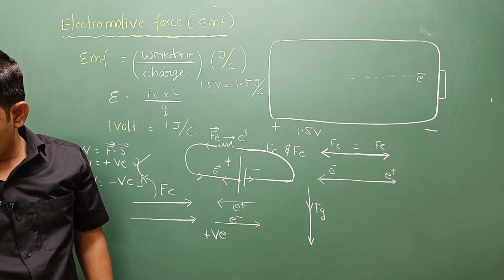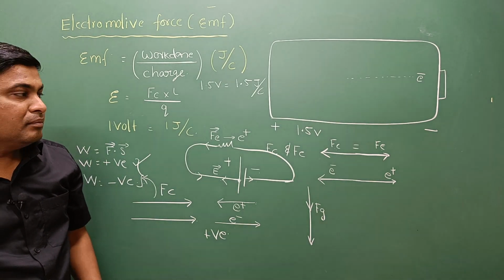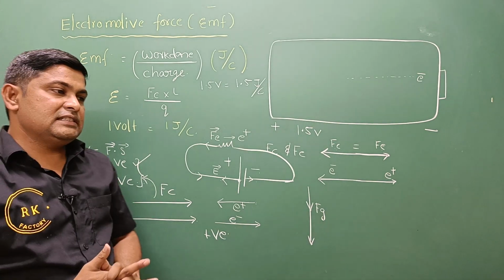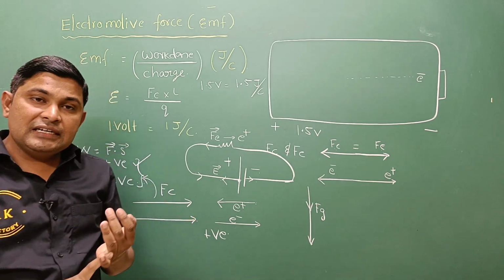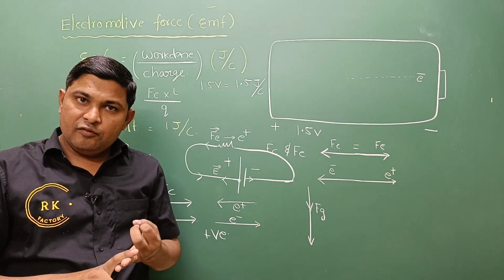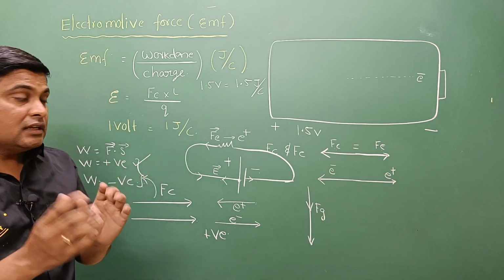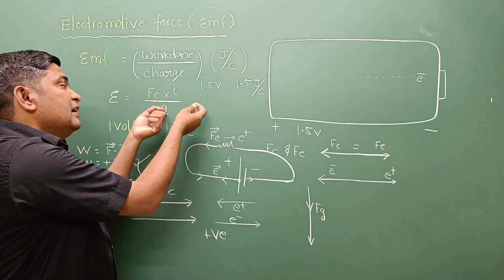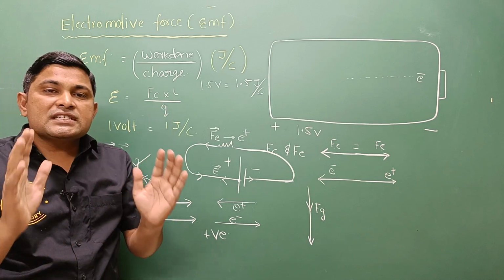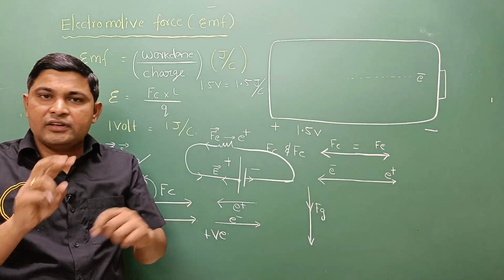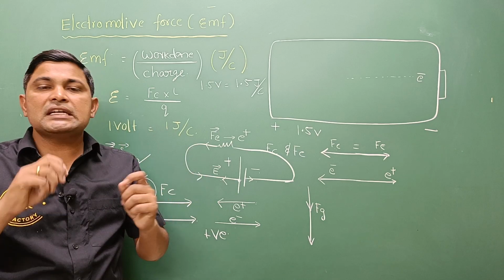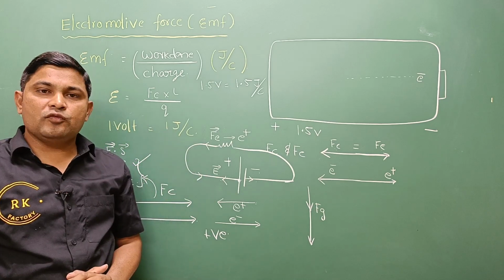How much electromotive force is there, how can we measure it? One device is there. Whether you say potential difference or EMF, the units are the same, volt. The thing is, to differentiate by which force the work was done, we use the two terms, potential difference and electromotive force.